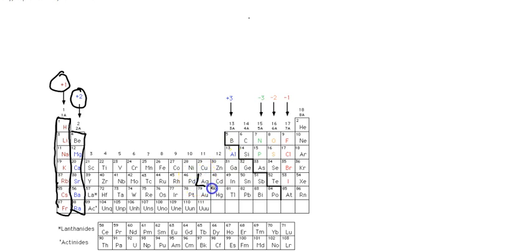We call those our bing, bing, bing, a 1, 2, 3: silver, zinc, and aluminum. Silver has a positive 1 charge, zinc has a positive 2 charge, and aluminum has a positive 3 charge. Those are the metals that have set charges. That's what we'll be focusing on today.